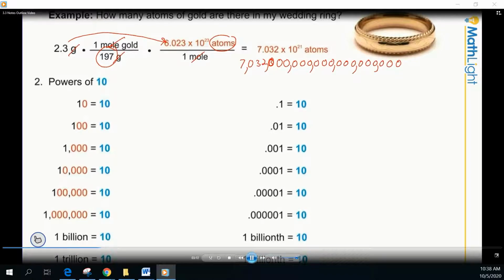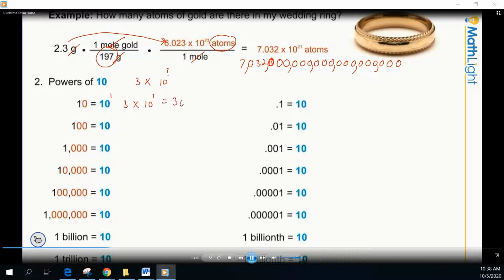So we know that 10 is 10 to the first, right? So if I had this scientific notation number, 3 times 10 to the first, that number is 3 times 10, or 30.